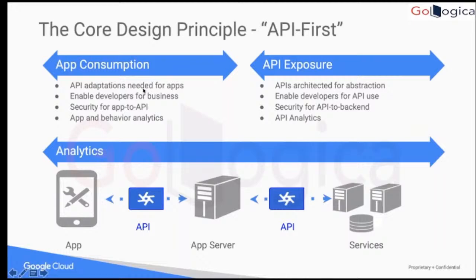You cannot keep all the business logic in the app, so they need to call certain APIs. So for apps there should be API adaptations, and it will also enable developers for business. If a company is exposing any API, developers can build their own app and enable their own business for multiple reasons.